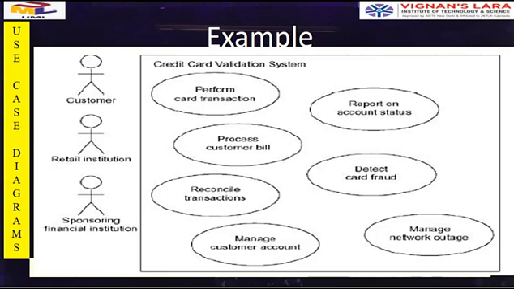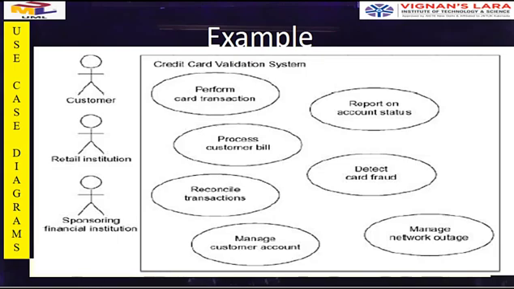In this credit card validation system, customer, retail institution and sponsoring financial institution are the actors, and perform card transaction, process customer bill, reconcile transactions, manage customer account, report on account status, detect card fraud, manage network outage.